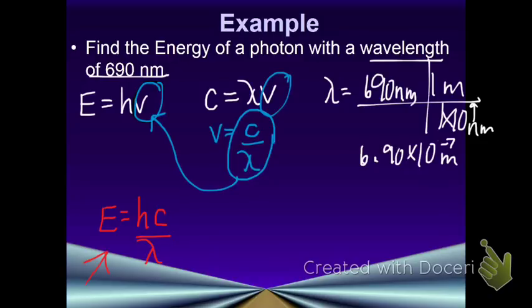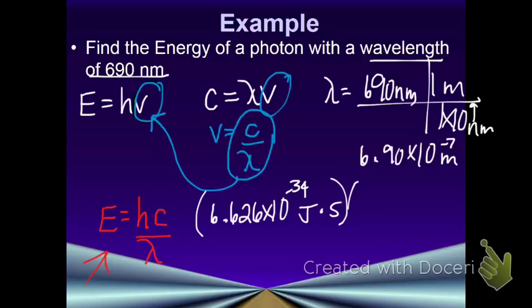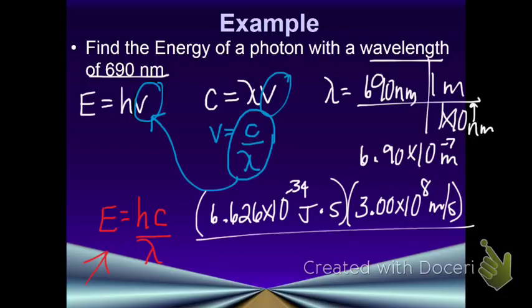We have 6.626 times 10 to the negative 34 joules times second, times the speed of light, 3.00 times 10 to the 8th meters per second, divided by 6.90 times 10 to the negative 7 meters.